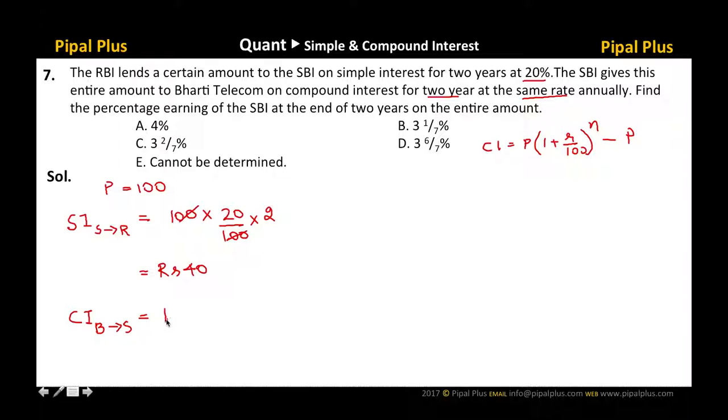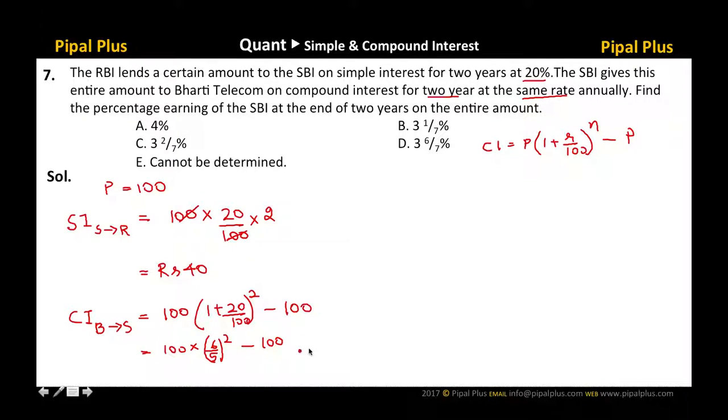So the principal of 100 rupees, 1 plus 20 by 100 squared, because it is for 2 years, and we'll subtract 100 from it, right? So we get, this is 1 by 5, 1 plus 1 by 5 is 6 by 5. So we get 100 into 6 by 5 squared minus 100, right?